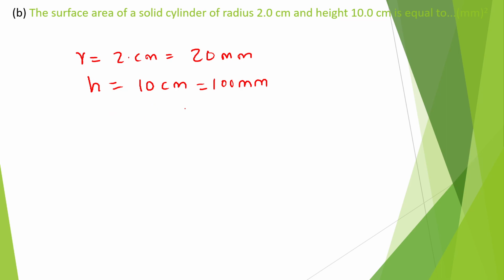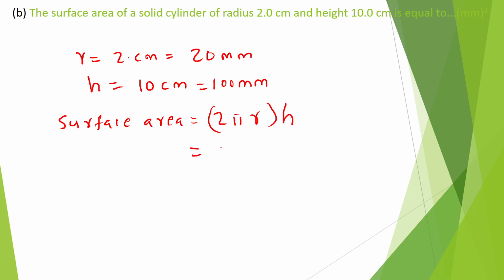And the surface area of cylinder is given by the formula 2 pi r into h.